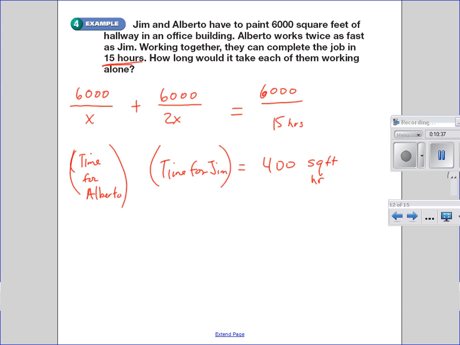All right? So now the common denominator, there are a couple ways of doing this. If I make this 400 over 1 instead of the 6,000, my common denominator is 2x. Okay, so I'm just going to write that over there, 2x.